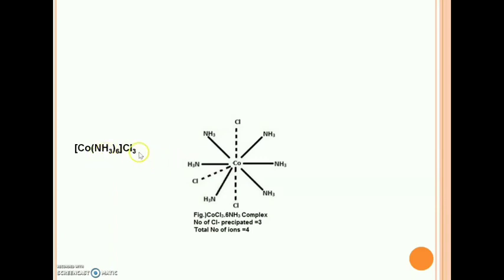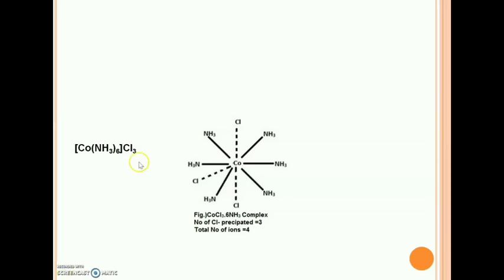The primary valency is written outside the coordination sphere, and hence the complex may be written as [Co(NH3)6]Cl3. Here the coordination number 6 corresponds to the secondary valency, and the 3 chloride ions are the counter ions, which correspond to the primary valency.